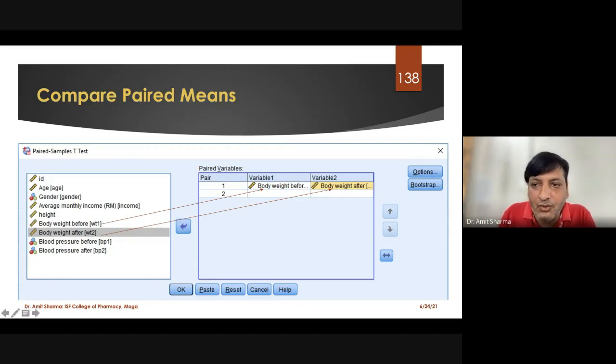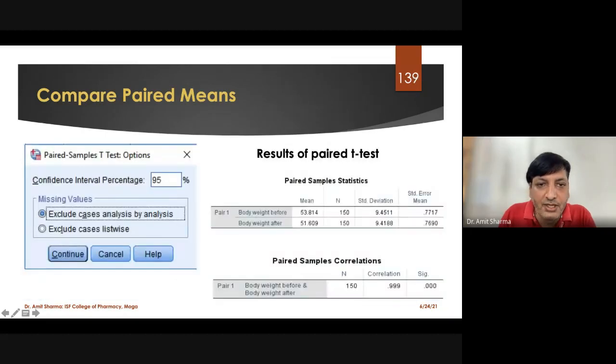Before that you have to go to Options. In Options, you have to check whether the confidence interval is 95% or not. If it is 95%, okay, otherwise you can change it, and click on Exclude cases analysis by analysis.